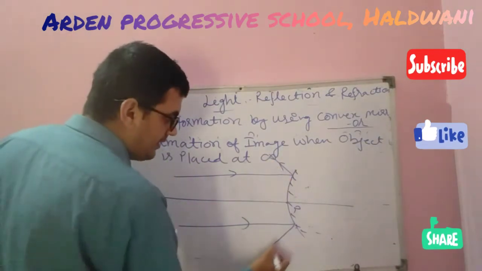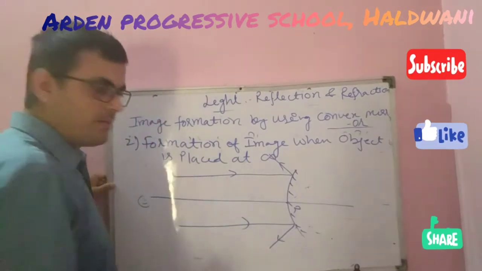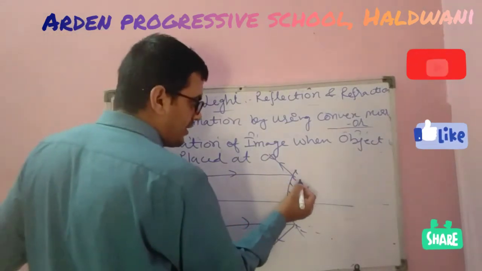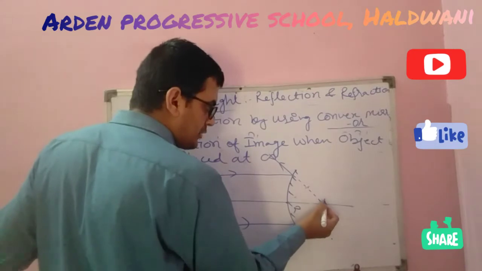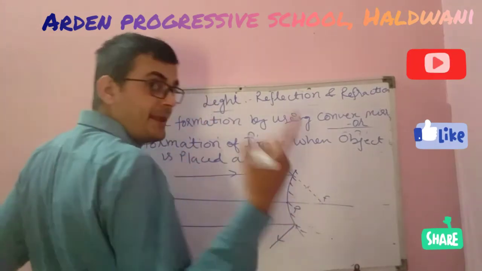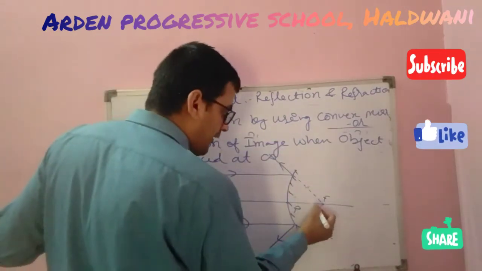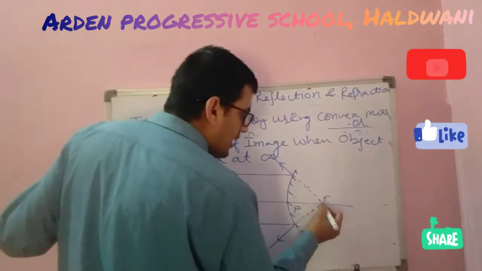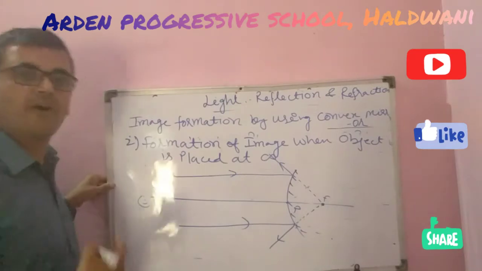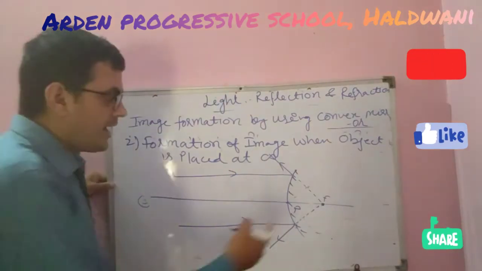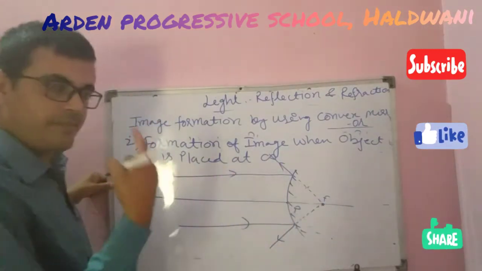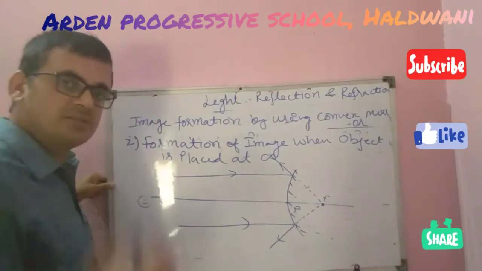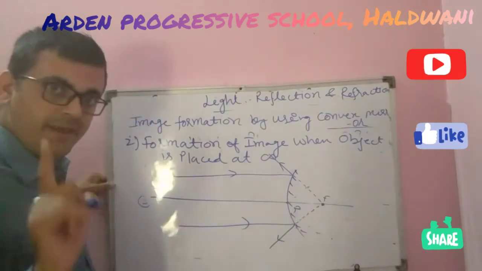We will draw it backward. It will appear to meet at focus. Here the image will be formed. At this point F, the image of this object which is placed at infinity will be formed.